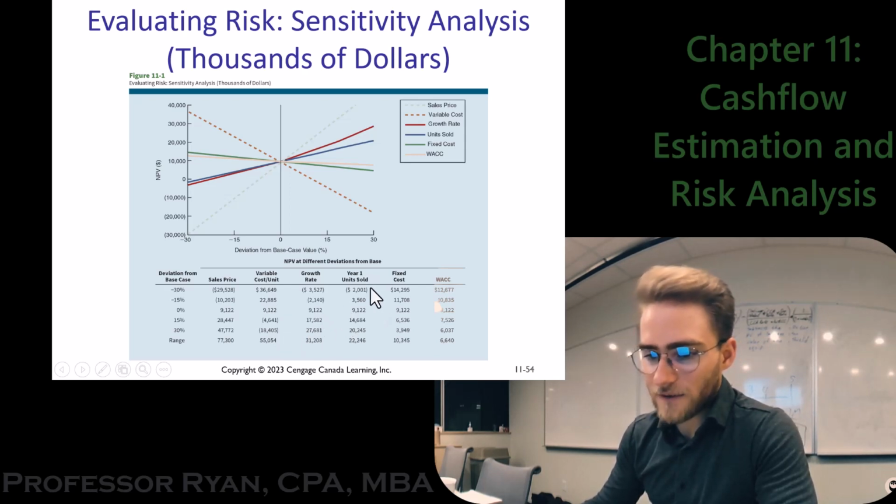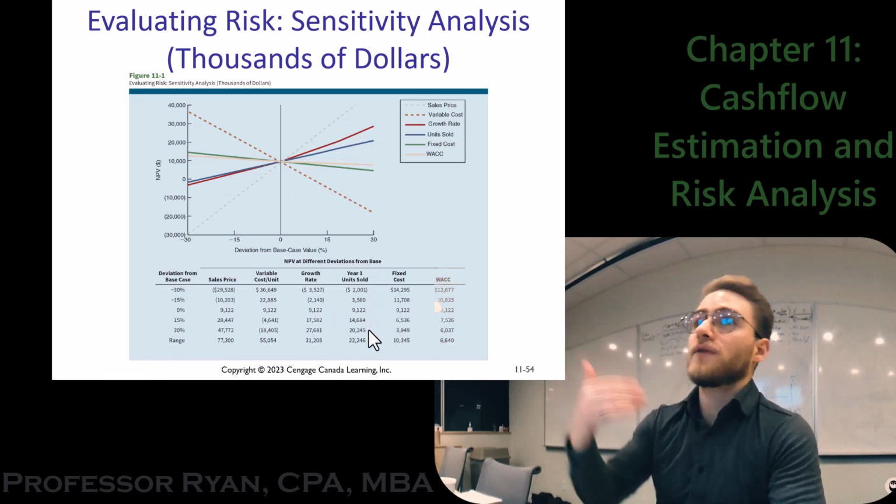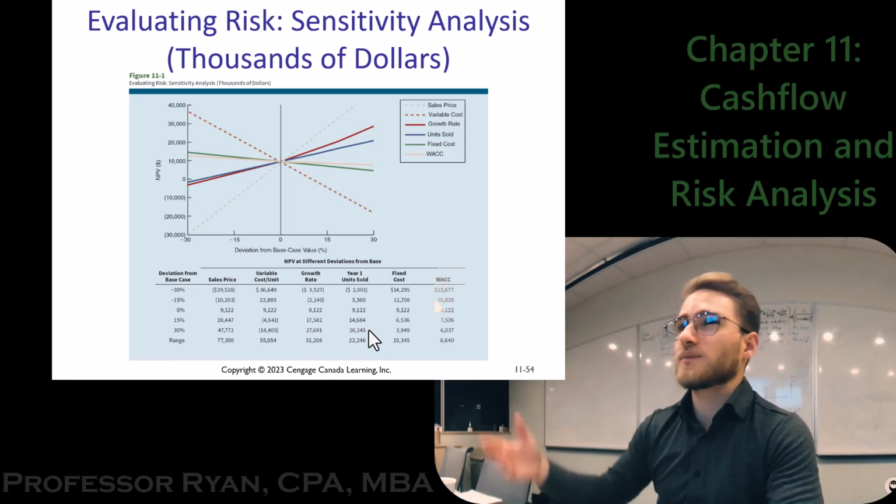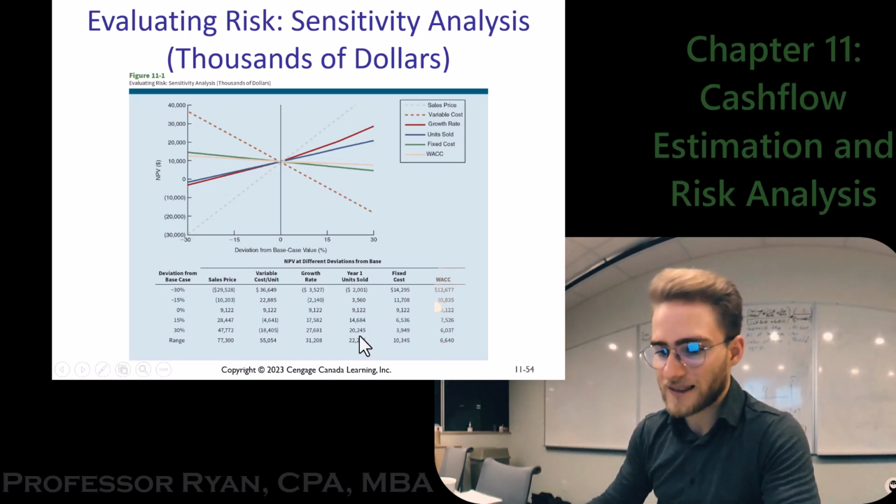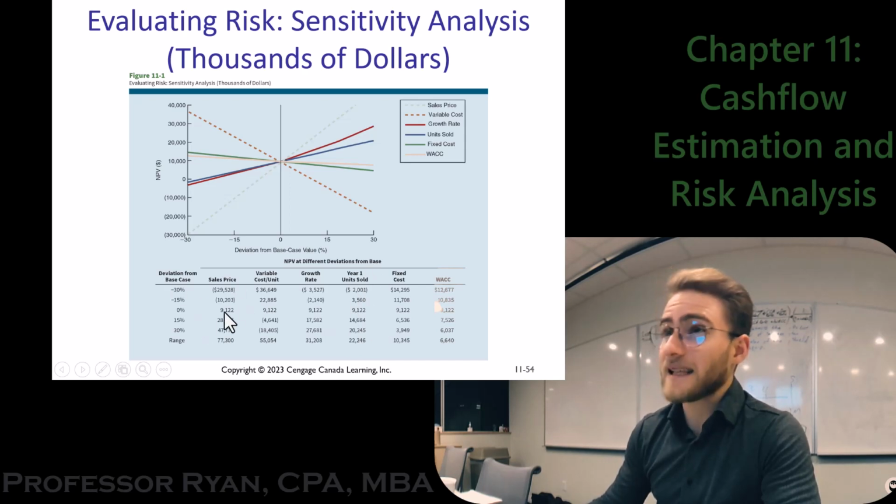So what happens if my average units per year fluctuates by positive 30% to negative 30%, right? Interestingly, my unit sales fluctuating has far less of an impact than my sales price fluctuating.